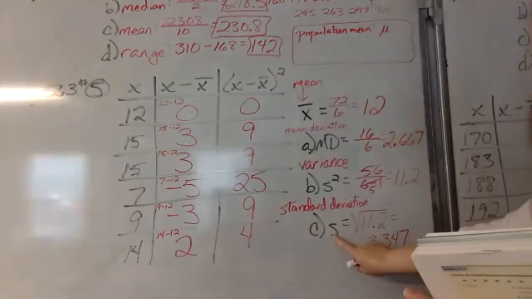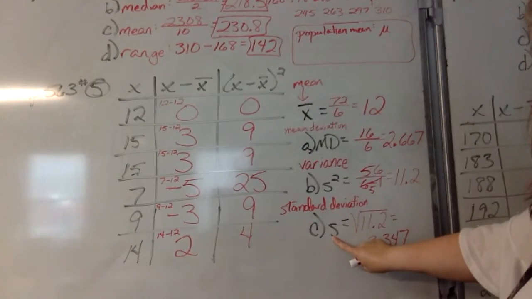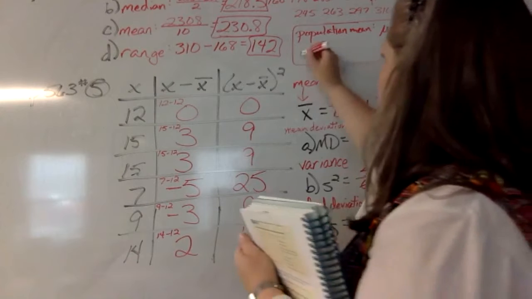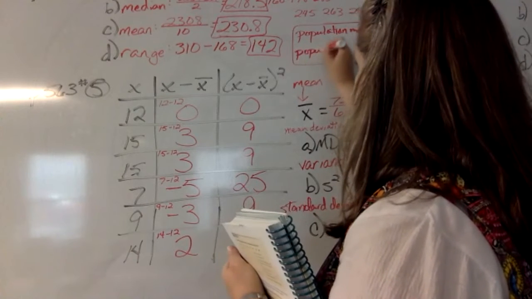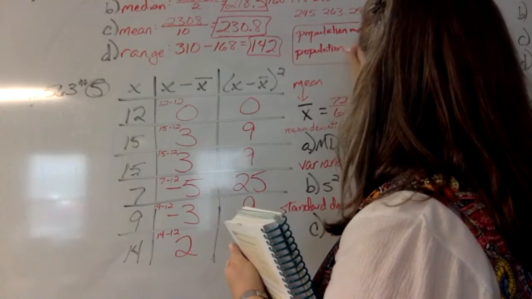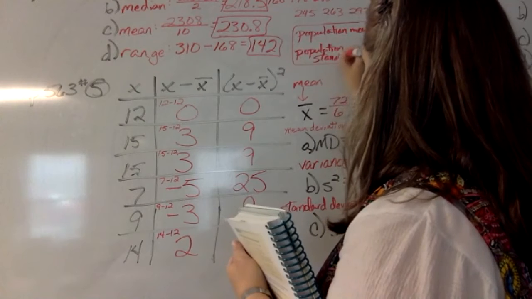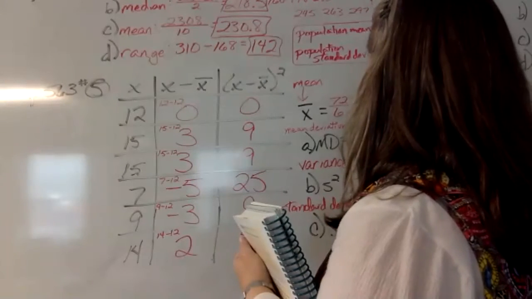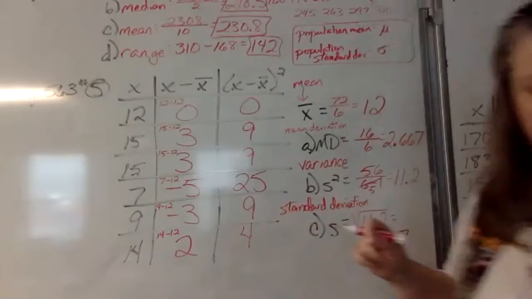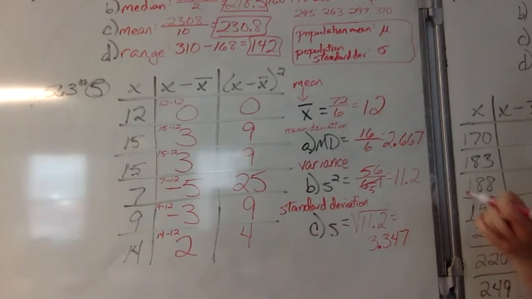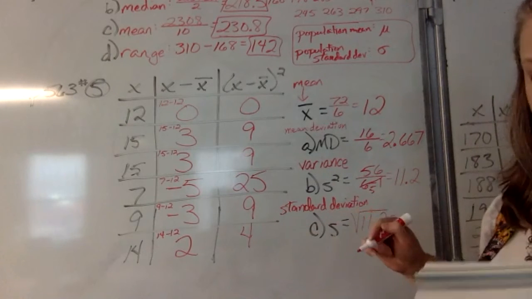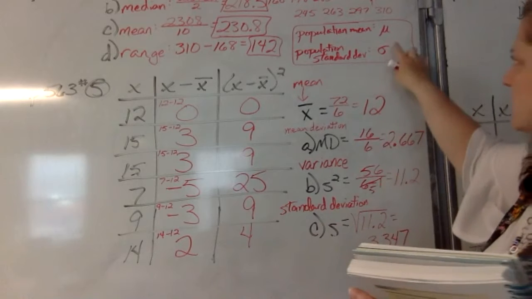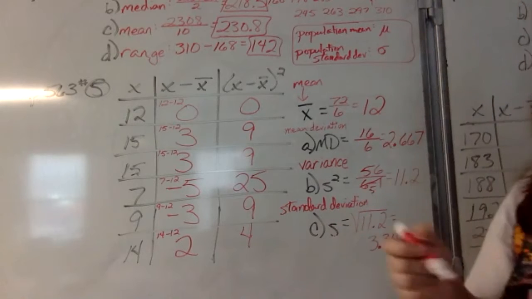Now this S was our standard deviation. If I want to do the population standard deviation, they have a different symbol for that on that table too. And that's the lowercase sigma, the lowercase Greek letter sigma, which kind of looks like an O with an extra little hook out to the side.